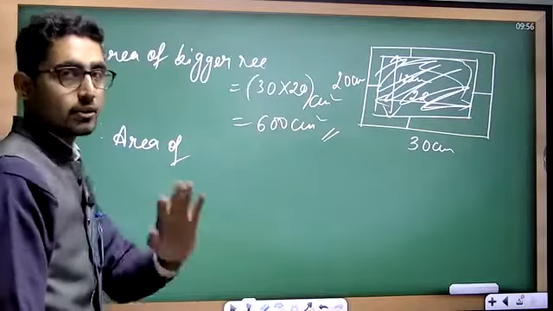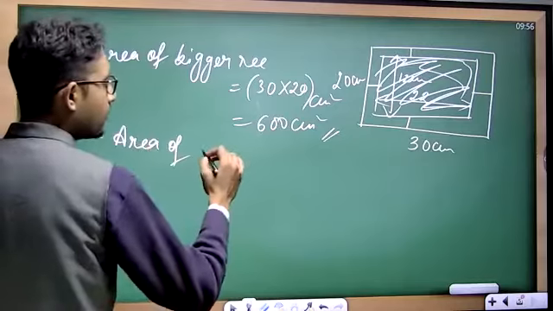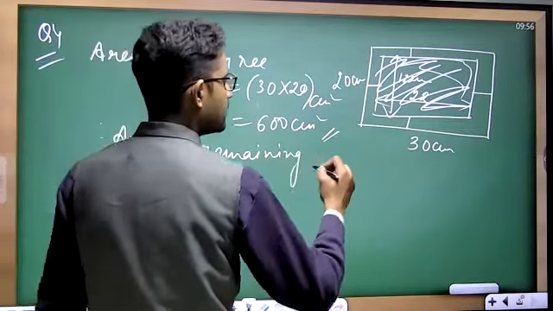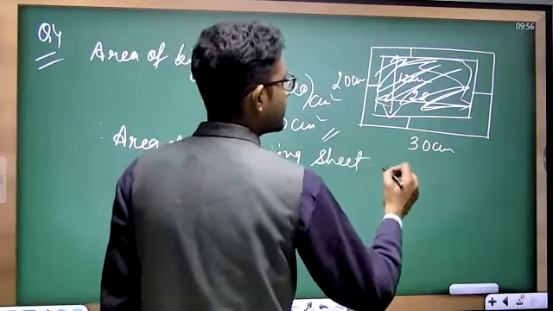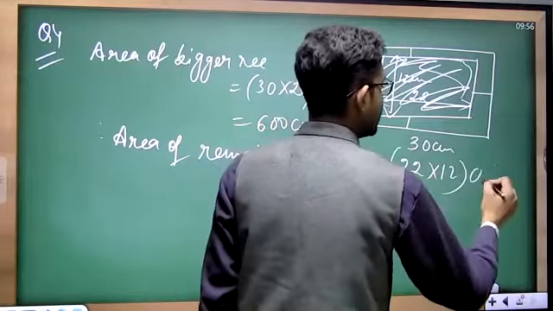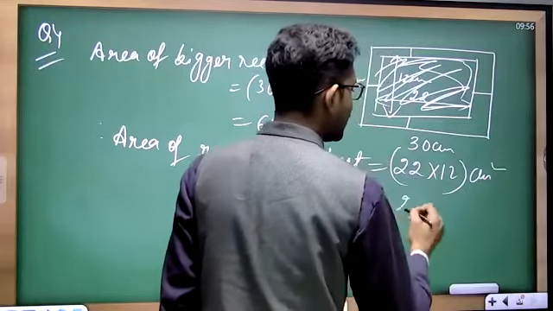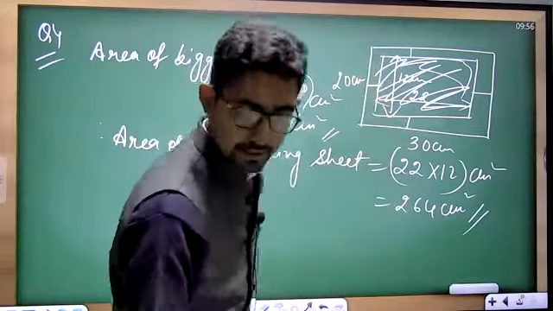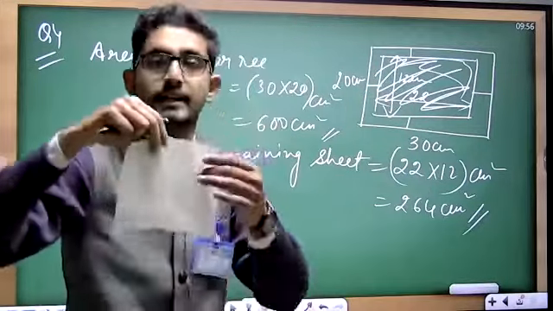So area of remaining sheet is equals to 22 multiplied by 12 centimeter square. That is 264 centimeter square. Okay, the area of this remaining sheet has come.